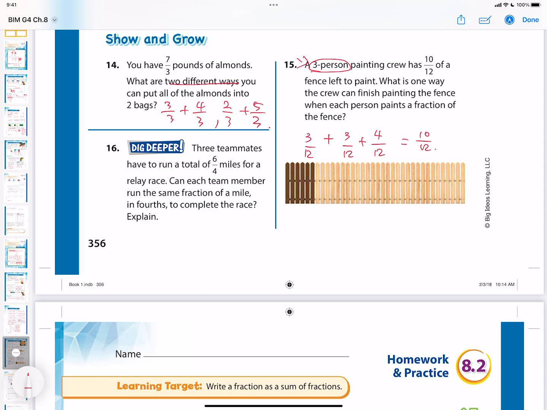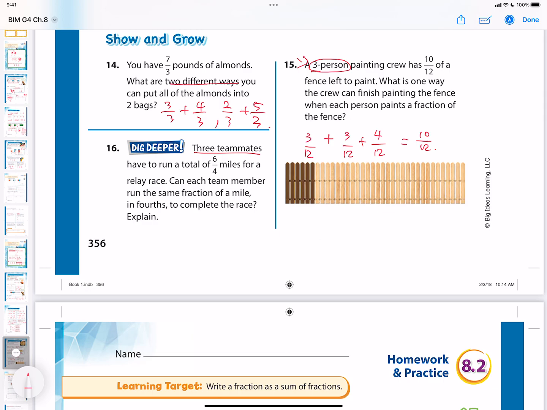Number 16. 3 teammates have to run a total of 6/4 miles for a relay race. Can each team member run the same fraction of a mile in fourths to complete the race? Explain. So how many? 3 teammates, okay? And they want to run the same miles. Is it possible?